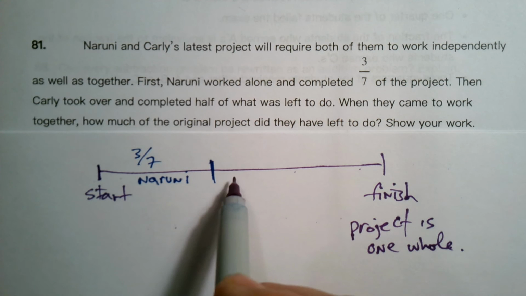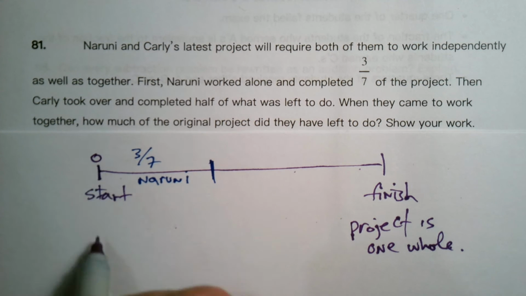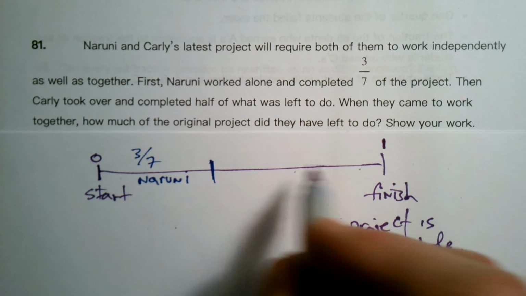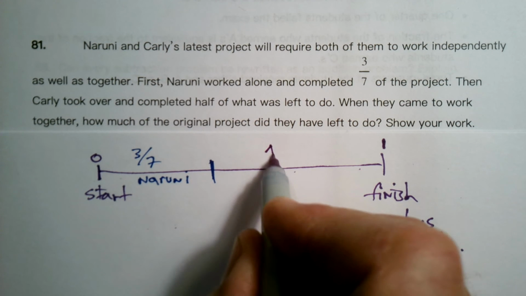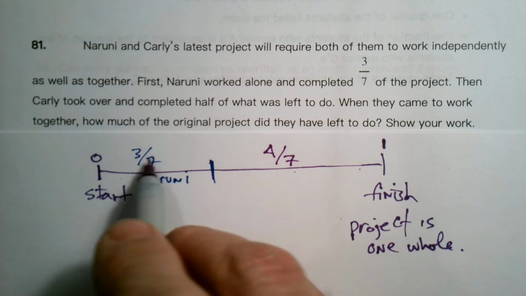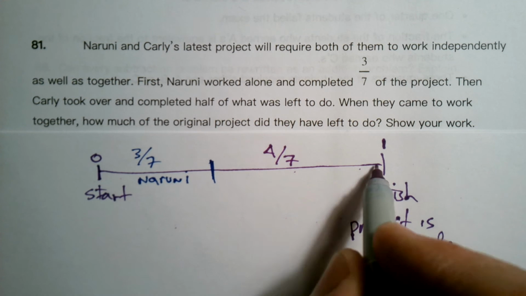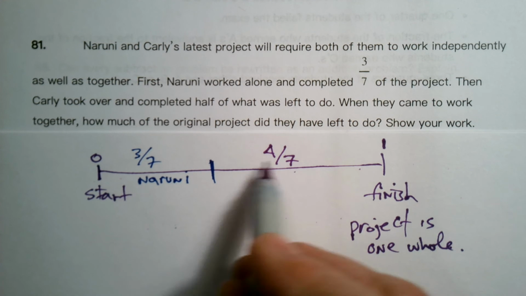If that's 3/7, and this is the start, I started at 0 and I got the project done. It's one whole. That remainder would be 4/7, wouldn't it? Because 3/7 plus 4/7 is 7/7, which is 1. So that's what's left over right now: 4/7.